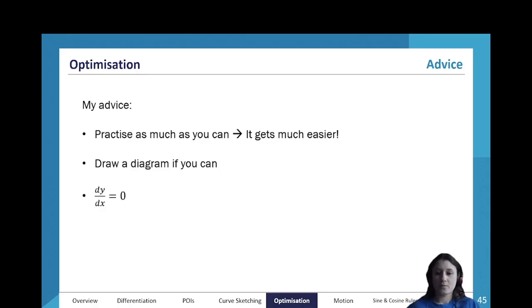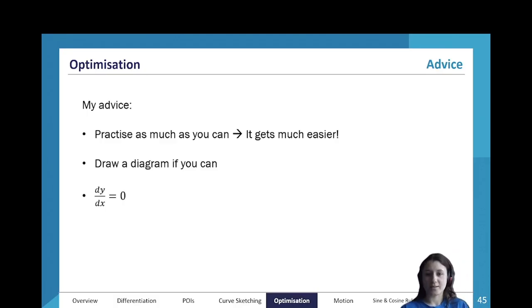Alright, now let's get into some tips for optimization. My advice is to practice as much as you can. It does get much easier. I know that especially when you're first starting out with optimization, it seems really tricky and not really that much fun.